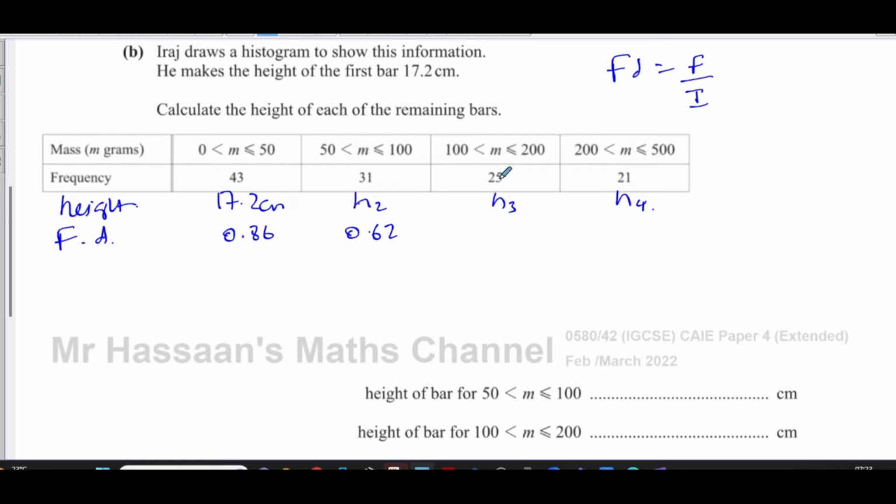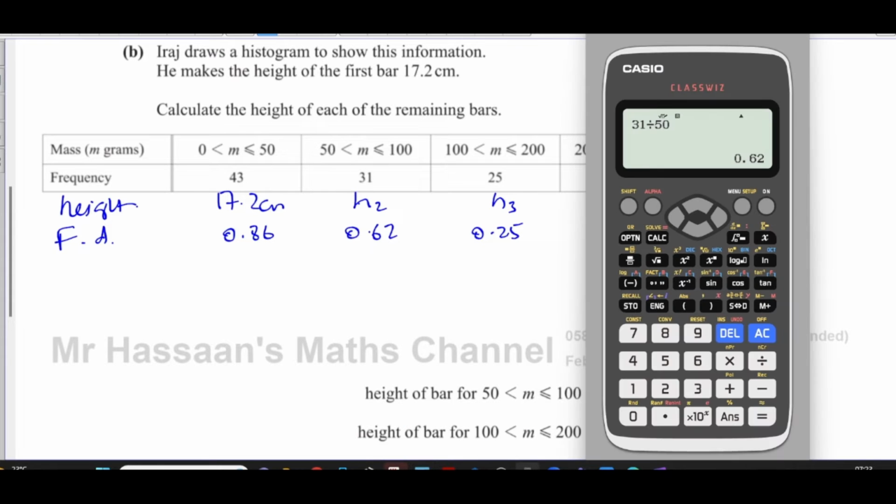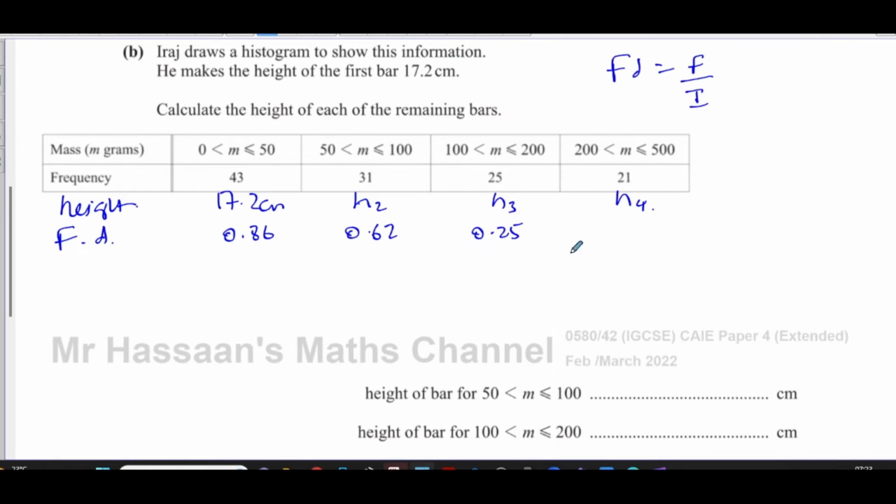Then you have 25 divided by 100, because the width of that bar is 100, which is 0.25. And here you've got 21 divided by 300, which gives you 0.07. So those are the frequency densities for each of these bars.